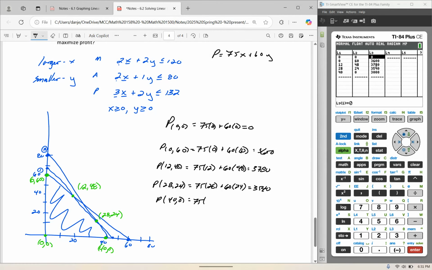And then lastly, 75 times 40 plus 60 times 0 is 3,000. The maximum value occurs right here.